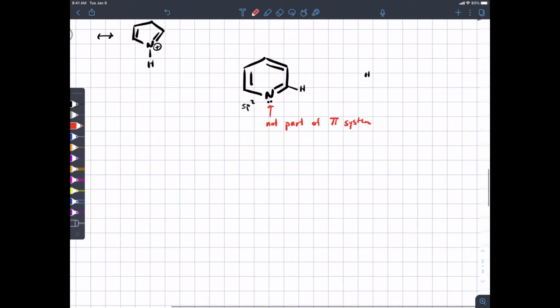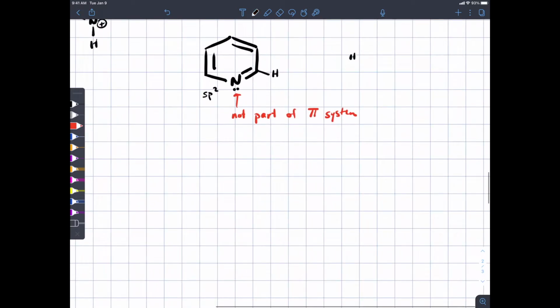And to see this, we have to remind ourselves about geometry. I'm going to actually draw this ring sort of on its side to give you a sense for what this geometry looks like. Double bond, double bond, double bond. Lone pair is here.